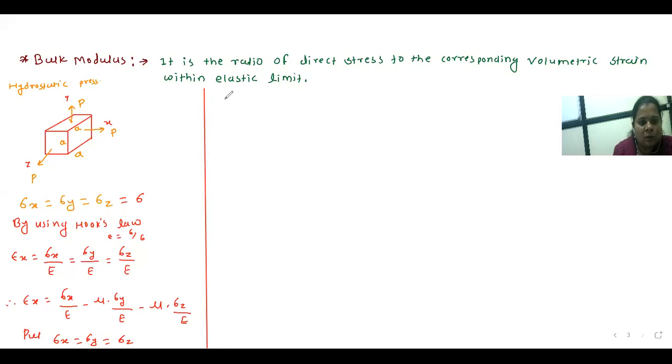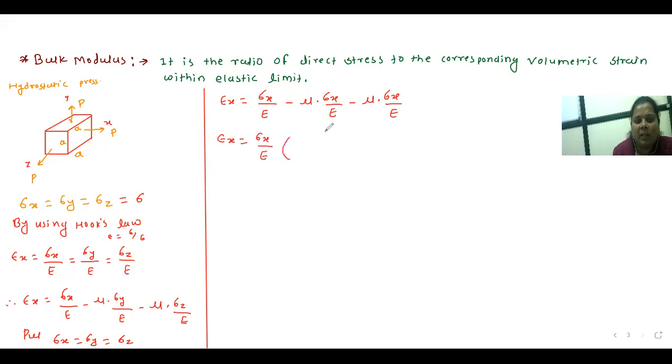So epsilon x is equal to sigma x divided by E, minus mu into sigma x divided by E, minus mu into sigma x divided by E. From that, we will take sigma x upon E as common.